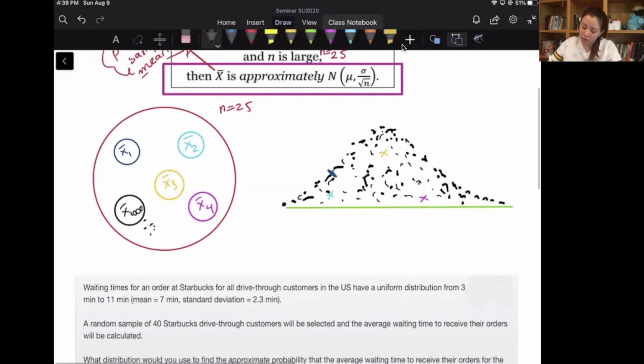So if I increase my sample size, now instead of a sample size of 25, I'm going to have like 40 or 50 or even 100.